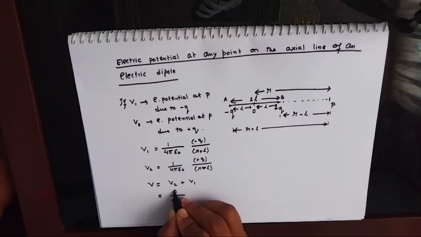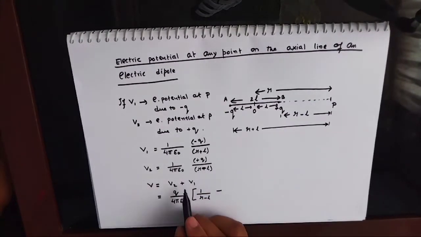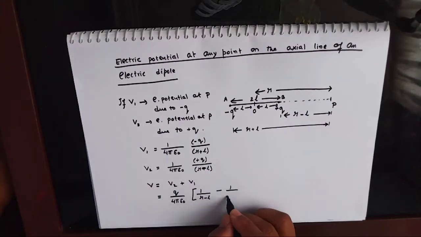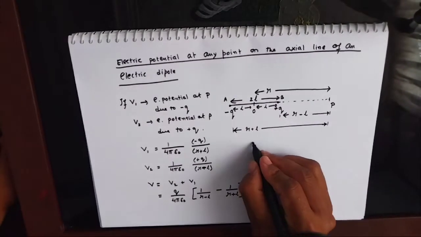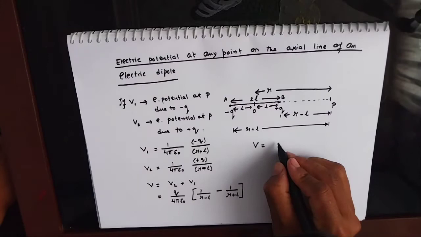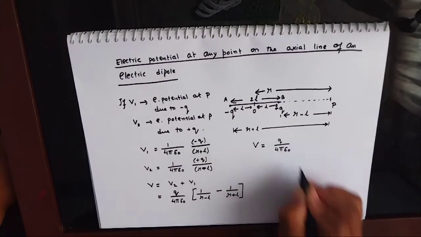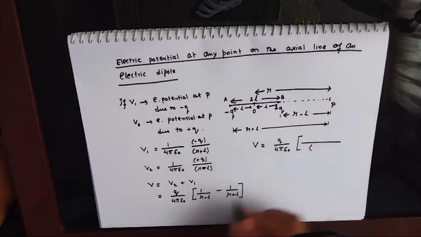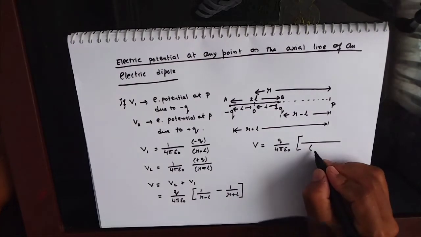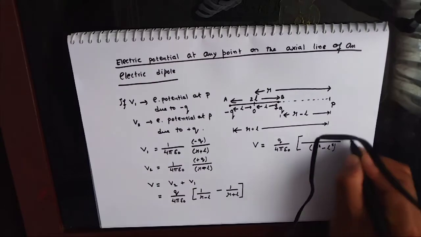Then Q times 1 by R minus L, then plus into minus will get minus, so 1 by R plus L. From here, V is equal to Q by 4 pi epsilon naught, then the LCM of R minus L and R plus L is R square minus L square.